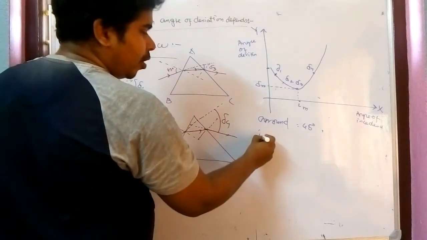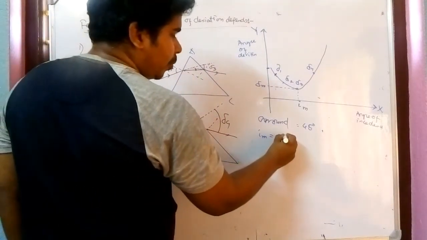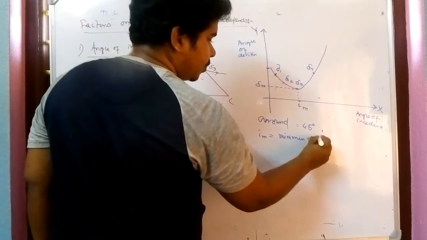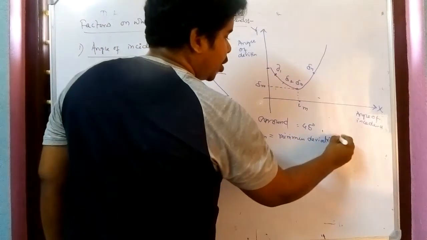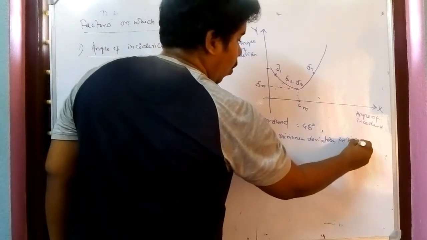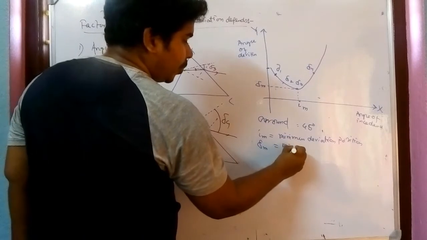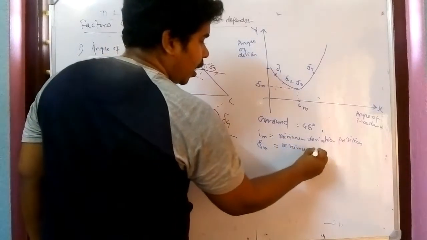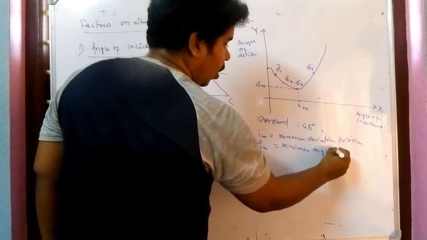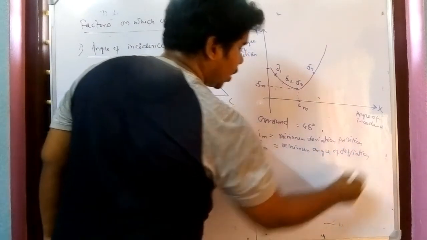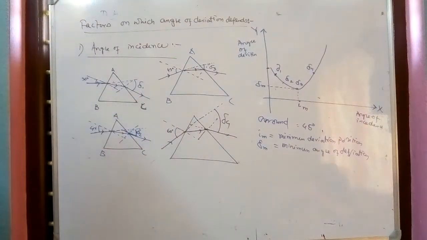That certain angle of incidence is known as the minimum deviation position, where delta m is denoted as the minimum angle of deviation. So this is the dependency of angle of incidence with angle of deviation.